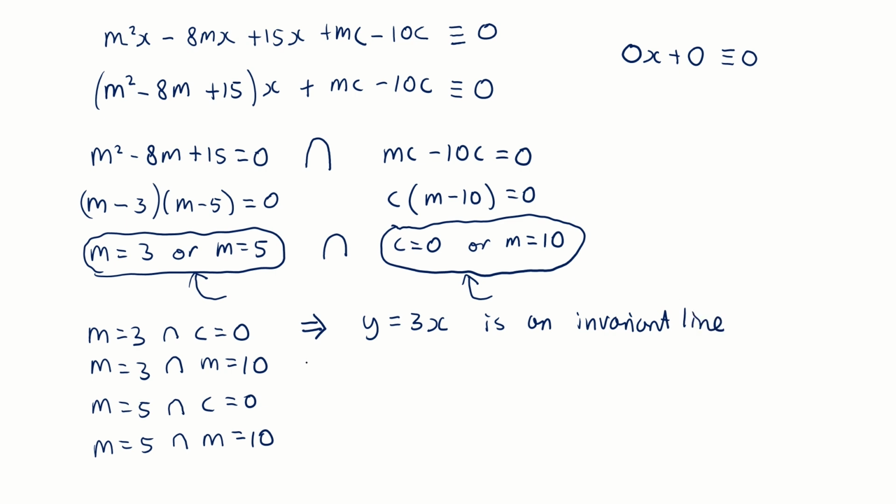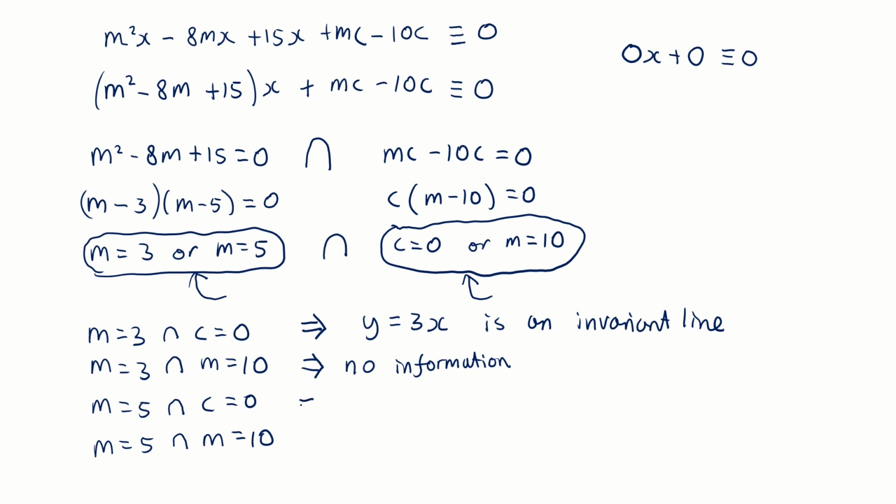For the second combination, things get a bit weird. We've got two different m values, but the problem is in the structure of y equals mx plus c, there's only one place we can plug the m in, and it can't be two values at the same time. So with this second combination, that leads to no useful information, because it's a contradiction. m can't equal 3 and 10 at the same time.